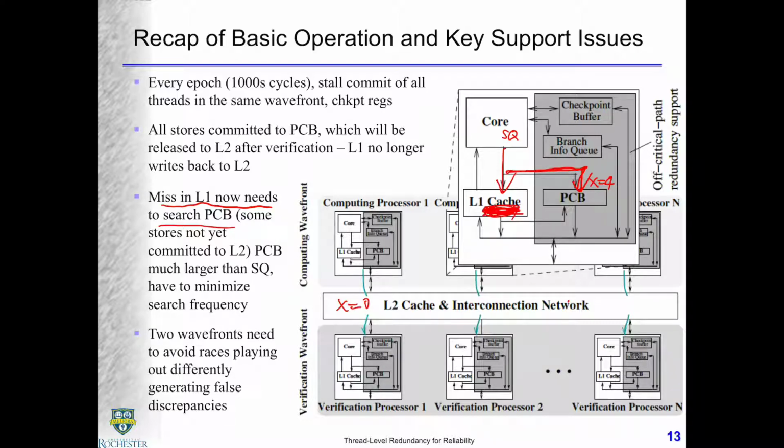So, if you remember, I talked about the store queue being such a painful piece of logic to make fast and correct. What's happening to PCB? How big of a problem is it? Well, we're talking about thousands of cycles. In 1,000 cycles, you're executing on the order of 1,000 instructions, and about 10-20% of them might be stores. So you're talking about hundreds of stores.